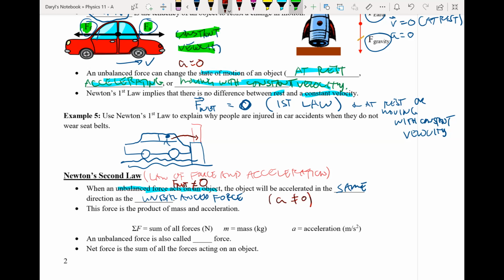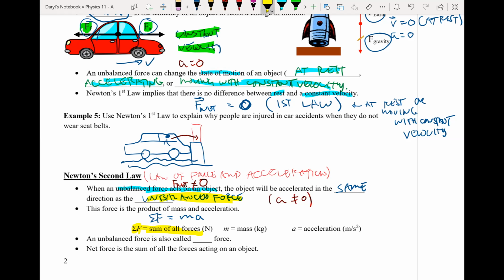So if you can see here, we try to get the expression. This sum of all forces is just the same thing as your unbalanced force, that's the net force. Using this notation, the summation of all the F is just ma. So that's the famous equation, F equals ma.